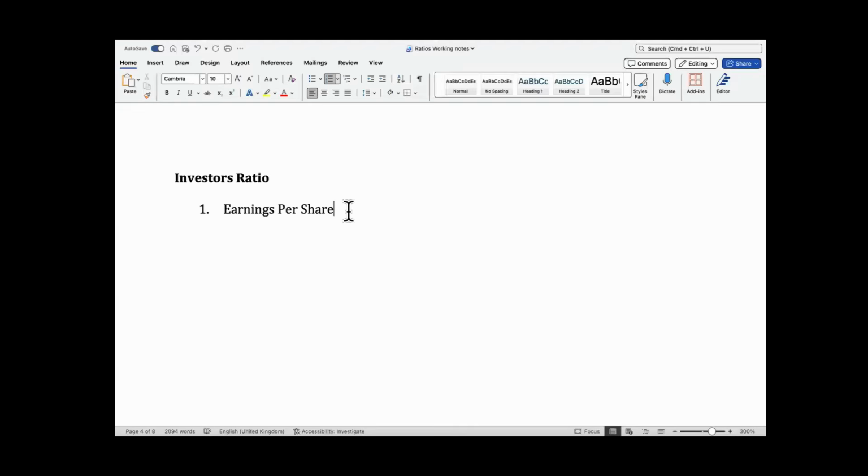And the major limitation is the fact that it doesn't consider cash. You just consider profits. You are saying that this is the earnings per share. What if you don't have money? So earnings per share does not show anything if there's no money backing it up. If it doesn't translate to cash flow, then nothing.